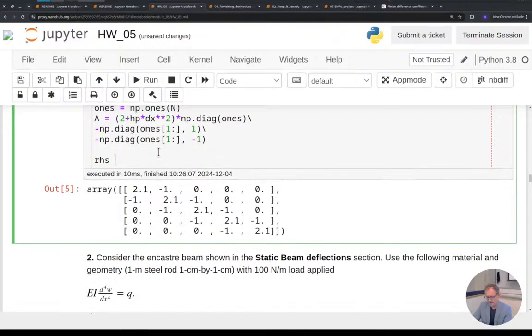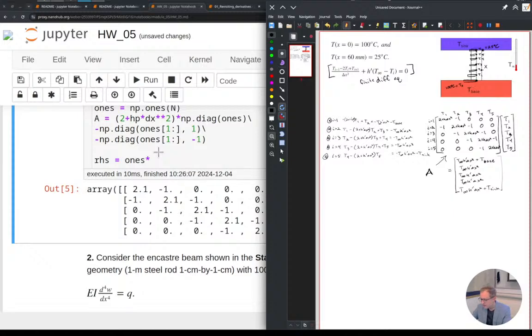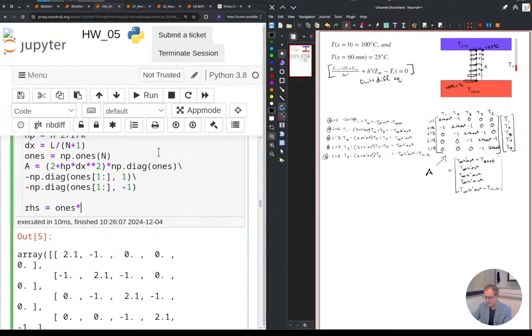And then my right-hand side, actually, I can just use ones again, times T infinity times h prime times dx squared.